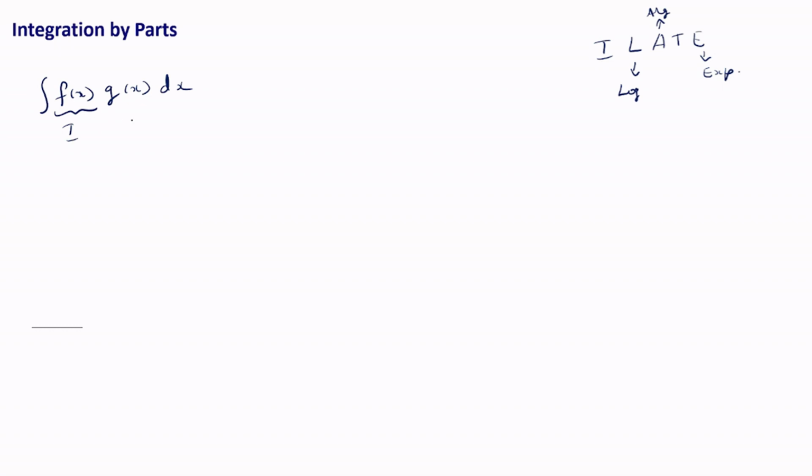If we are taking the first function as f of x and the second function as g of x according to this order, we can integrate this as first function into integral of the second function minus integral of derivative of the first function into integral of the second function plus c.